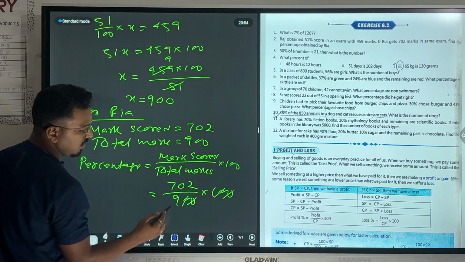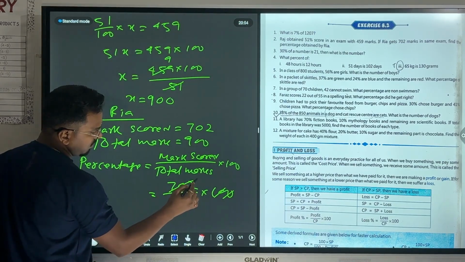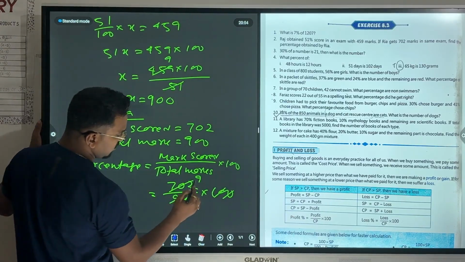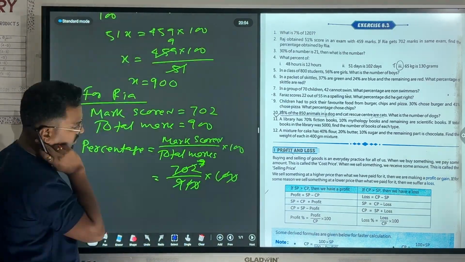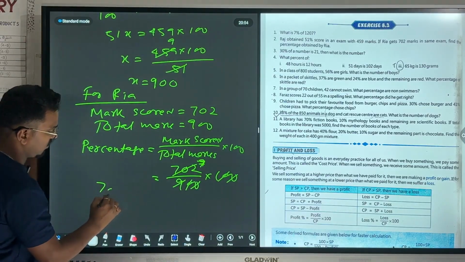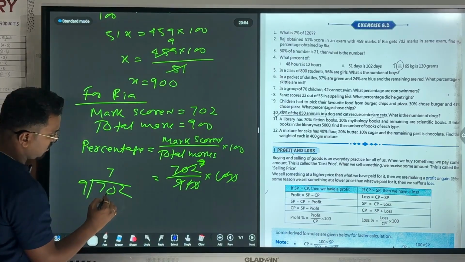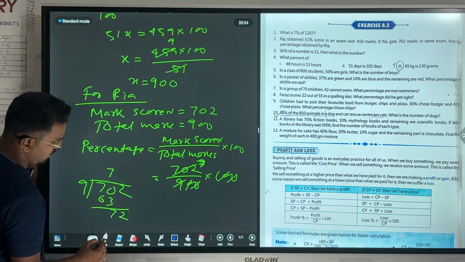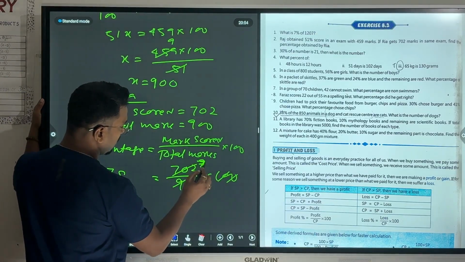2 0s will get cancelled. 7 how many times? 9 7s are 63. If you divide 702 by 9, 9 7s are 63, 72, 9 8s are 72.